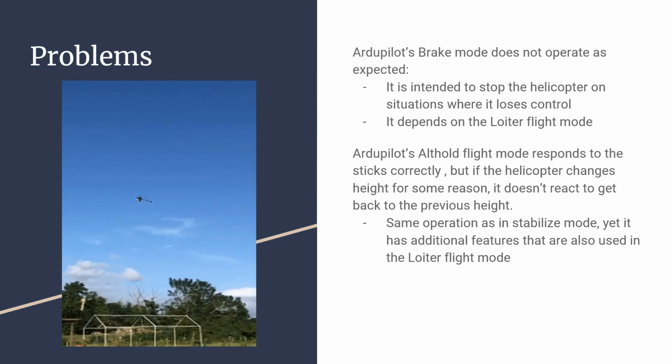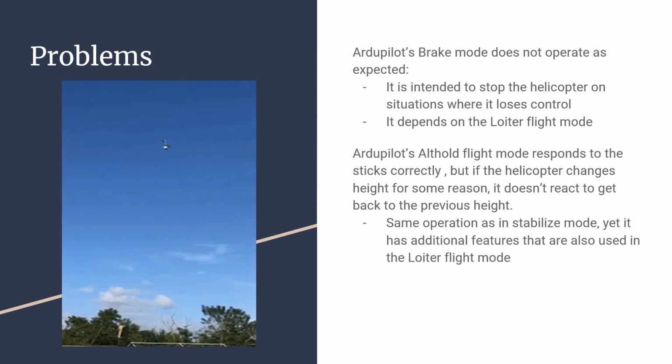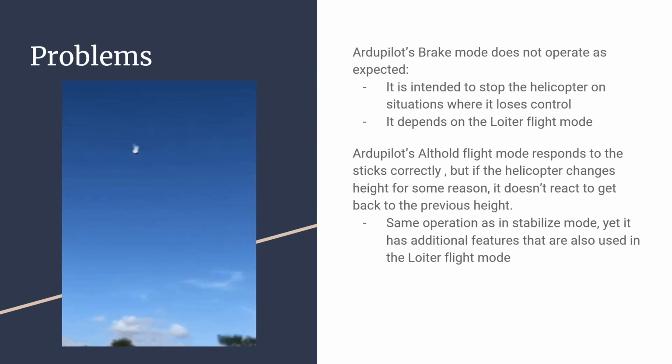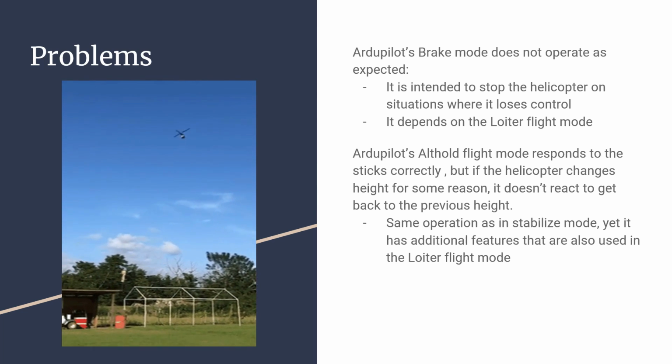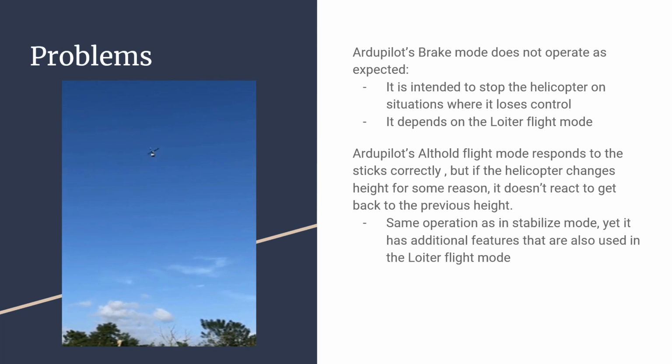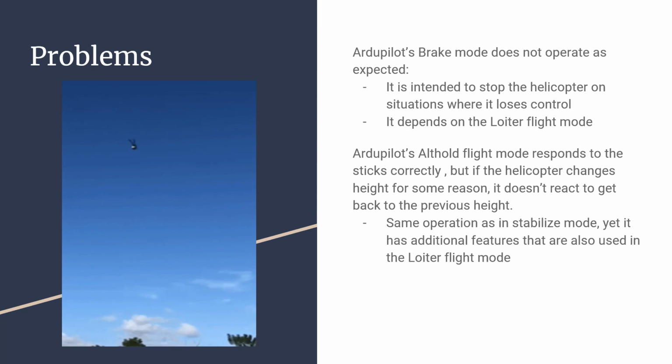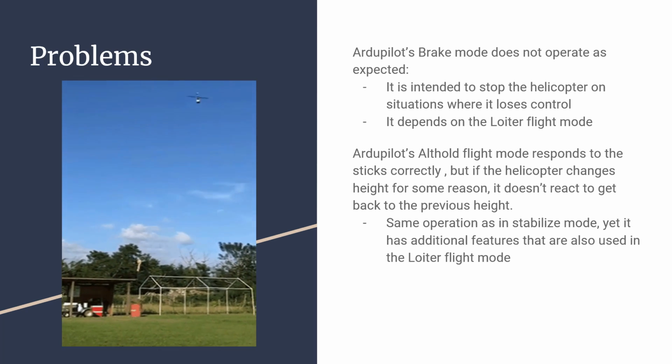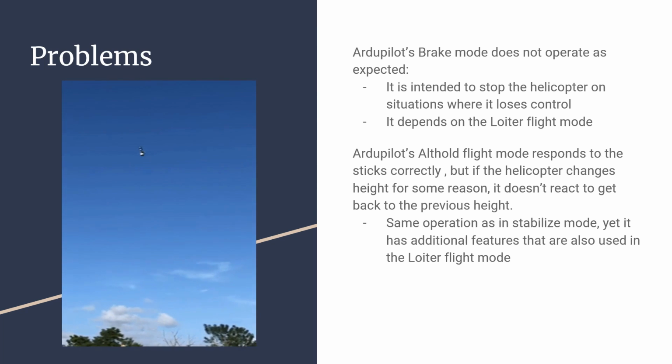Another problem we noticed during reunions in the lab is that the altitude hold flight mode was also not working as expected. It should enable the control of the helicopter's roll, pitch, and yaw without affecting its altitude. However, we ran a test where we turned the helicopter on, calibrated its sensors while on the second floor of the building, and we observed how the blade's attack angle changed as we took it to the first floor.